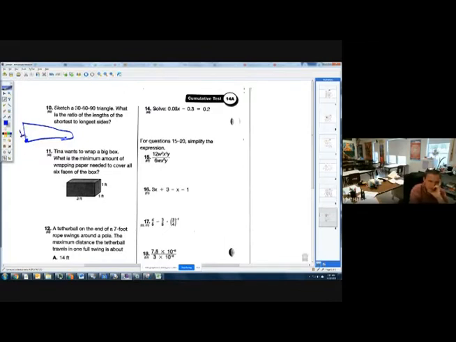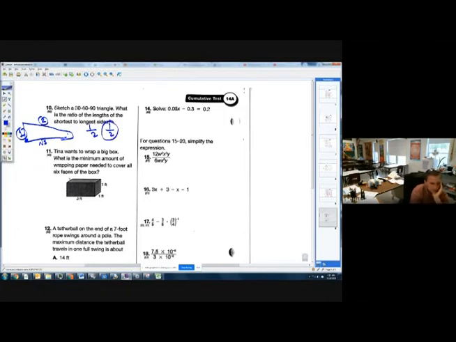If you have your ratio box, remember this was 1, this was 2, and I believe this was the square root of 3. The shortest side is a 1, and the longest side is a 2. So the ratio of the shortest to longest side is 1 to 2, 1/2.